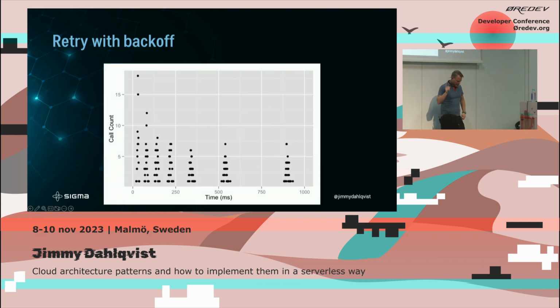There is a study done, and this picture comes from a blog post by Amazon Web Services, that if you have a huge distributed system, the retries become synced. If the system is large enough and distributed enough, the retries will become synced, as you can see in this picture.